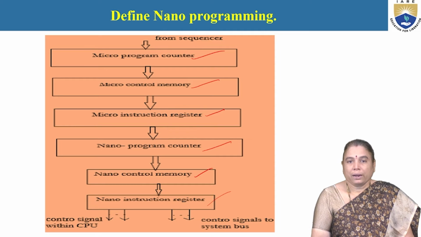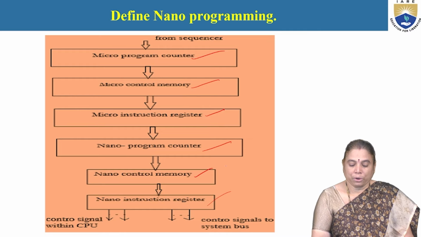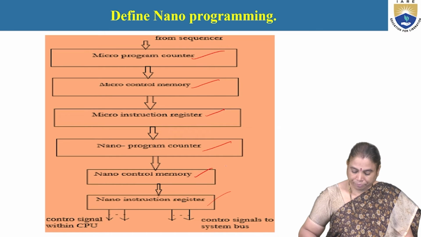So two separate control memories are established. The lower level control memory is the nano program control memory, and with the help of the nano program counter, nano control memory and nano instruction register, the nano program instructions can be executed.